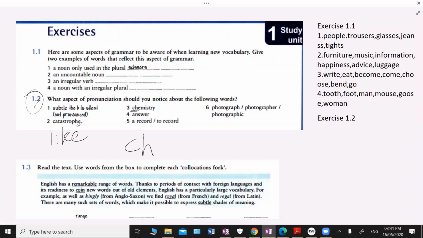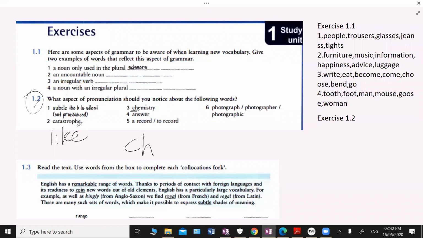Number 5. Now, this is very interesting. It has 2 words. The first one is used as a noun and the second one is used as a verb. So a record, and to record.